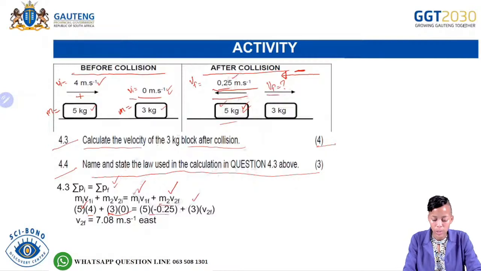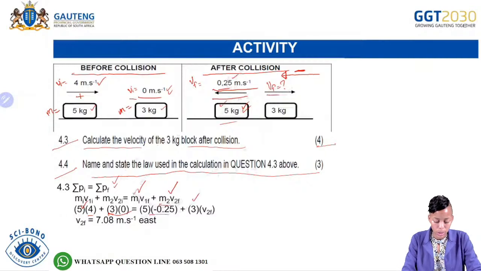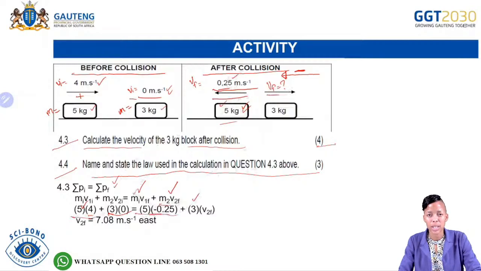And then what are we calculating? The question said that we need to calculate the final velocity after the collision. So what are you going to do? You would then multiply these two, and multiply that as well. And from there, you are going to transpose this one to the other side.